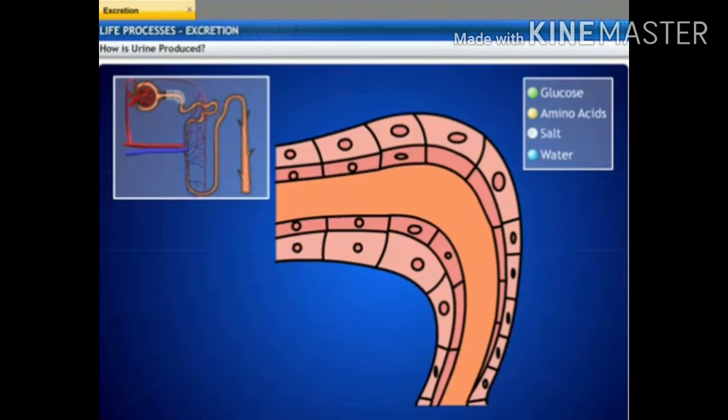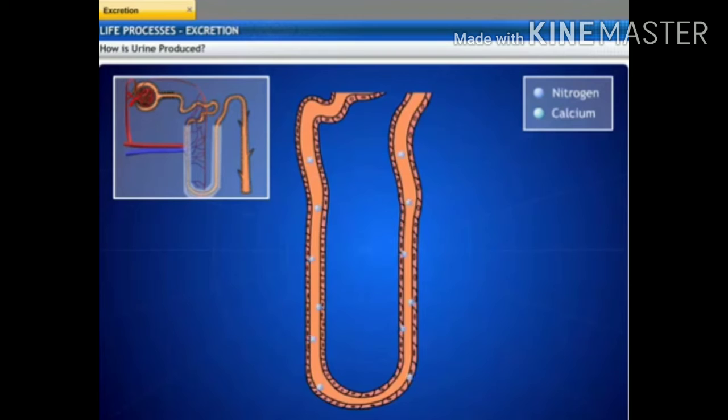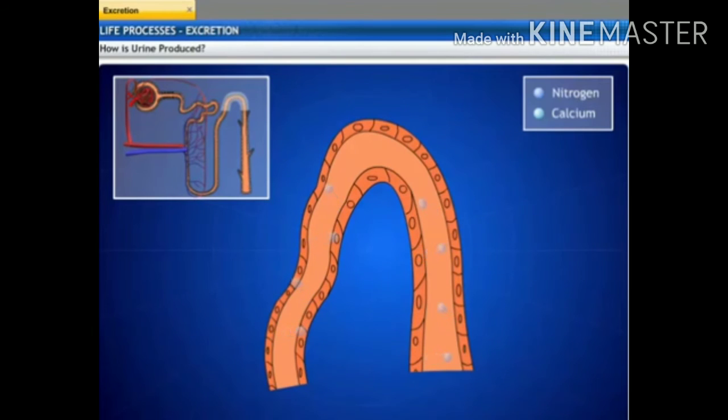Some substances in the initial filtrate, such as glucose, amino acids, salts, and a major amount of water, are selectively reabsorbed as the urine flows along the tube. Further absorption of nitrogen compounds takes place through the hairpin loop and the distal convoluted tubule.